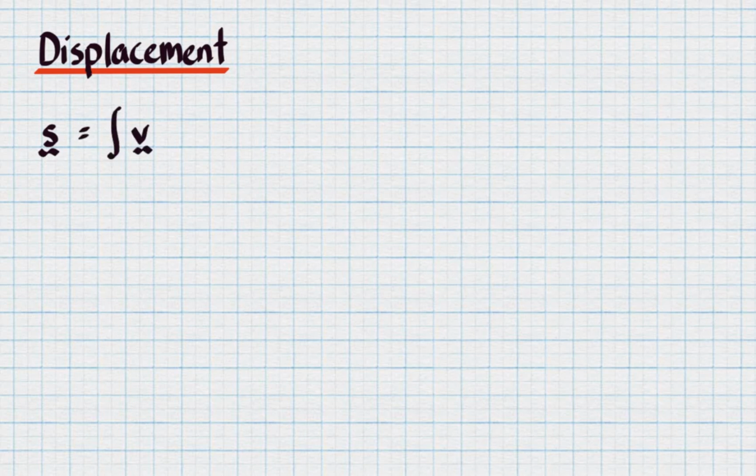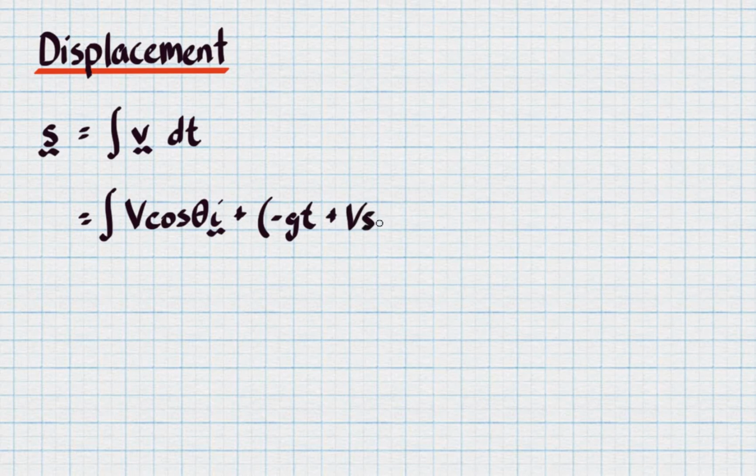So if we take the integral of the velocity vector with respect to time, well, what we are integrating is v cos theta i, where v is that initial speed, and then in our j component we have minus gt, so g for gravity, plus v sine theta.